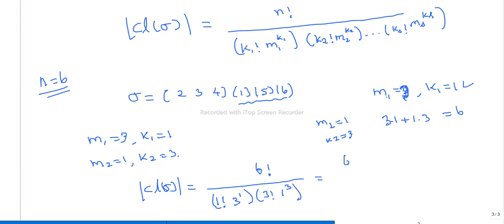Therefore it is 6 factorial by 3 into 3 factorial. We can cancel 3 factorial, leaving 4, 5, 6 in the numerator and only 3 in the denominator. Cancelling the 3, we have 2 times 20, therefore 40. So the answer is 40.